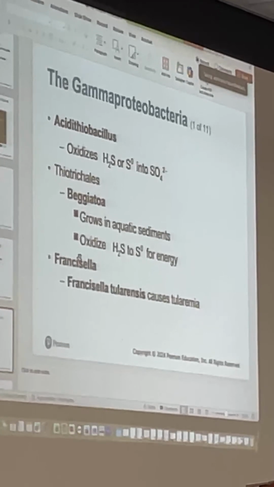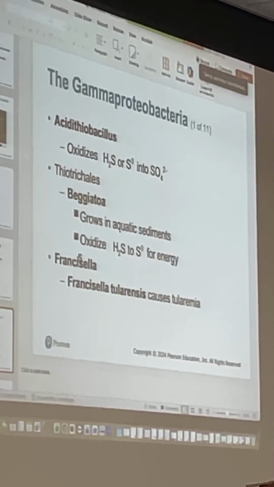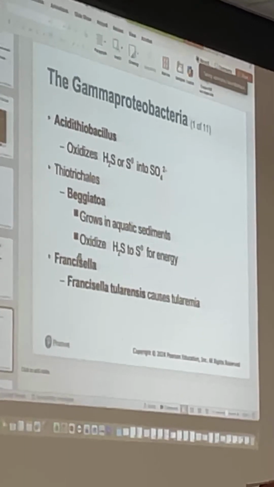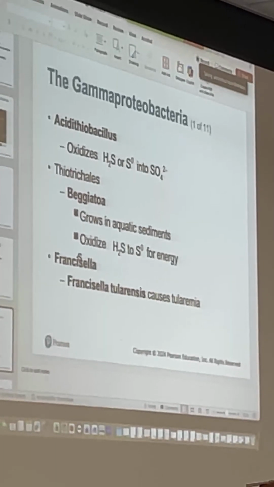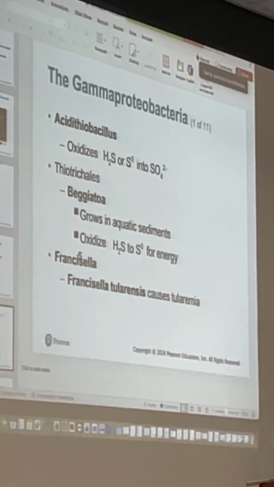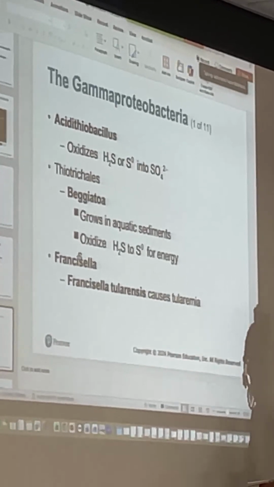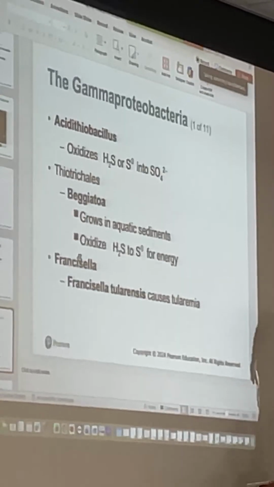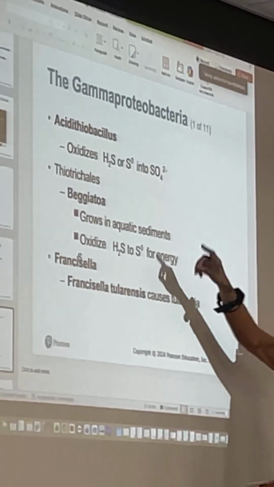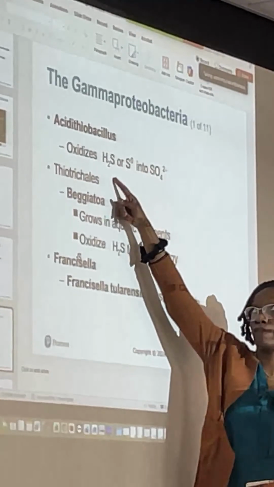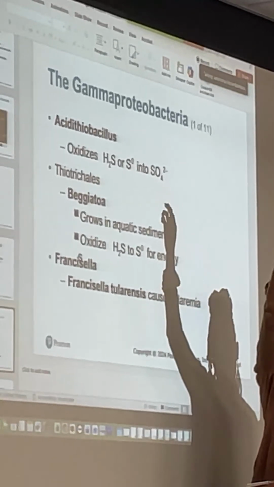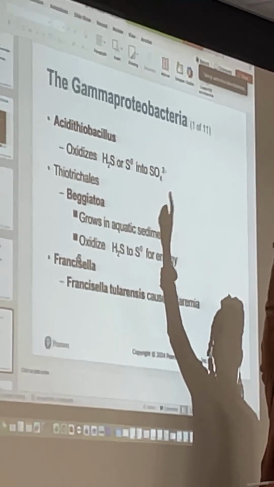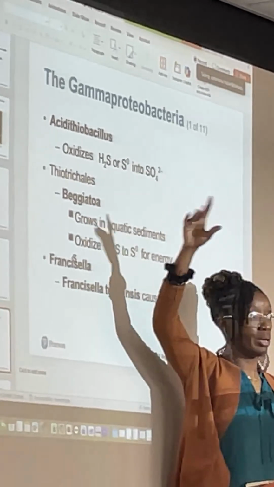Acidithiobacillus. So the Acidithiobacillus is going to be important because it's going to be able to oxidize. What does oxidize mean? Transfer of electrons. Okay, so for oxidation, will you be losing electrons or gaining electrons? Losing electrons, right? So we're going to have an oxidation of hydrogen sulfide, and whenever you see a chemical symbol with a superscript zero, that means it's going to be elemental, right?